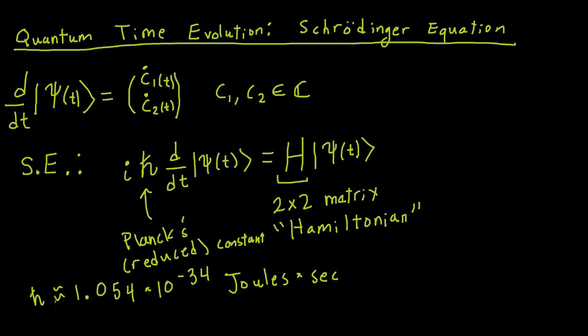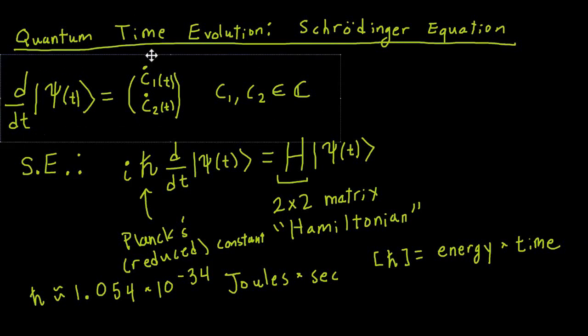That's just what Planck's reduced constant is. It's a physical constant. So look at the units of Planck's reduced constant. That's what I want you to look at. Joules times seconds. So the dimensions of h bar, and here these brackets just mean the dimensions, of h bar is energy times time. And that's just because a joule is a unit of energy.